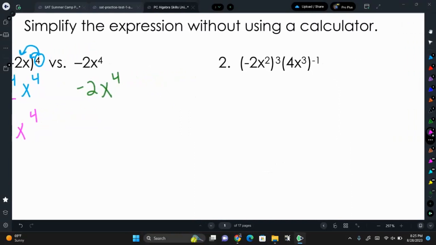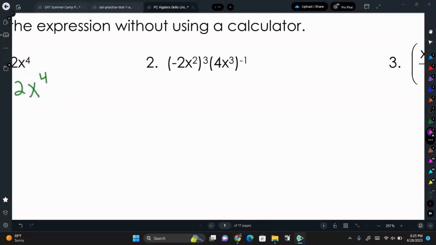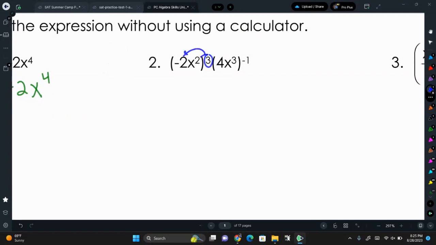Right. Now, over here, what I'd like to do first is distribute my exponents. So I have negative 2 to the third. Now, when we have an exponent being distributed to another exponent, we multiply the exponents.